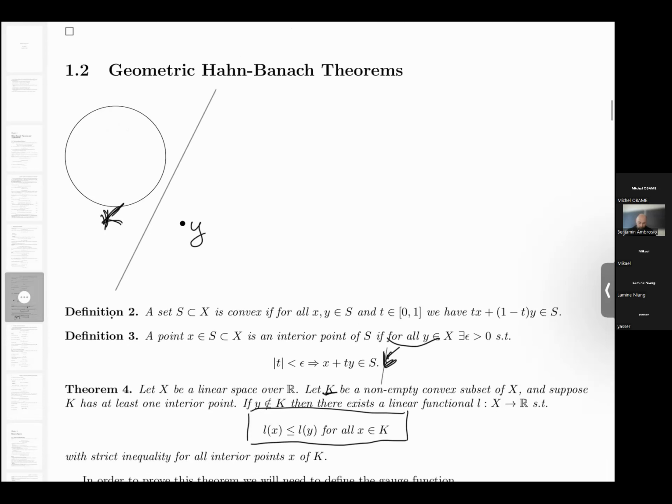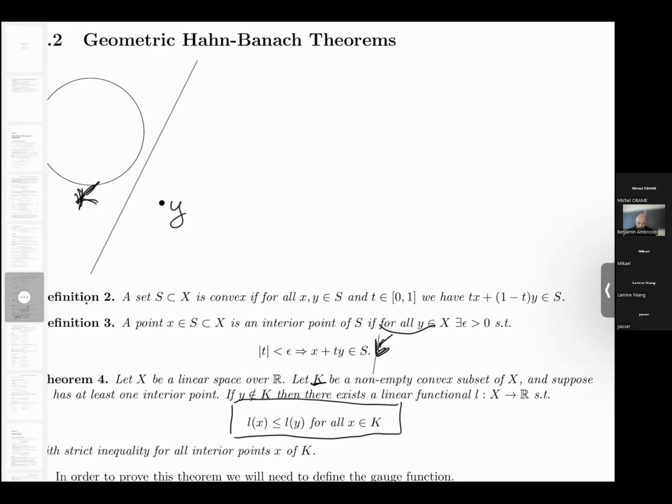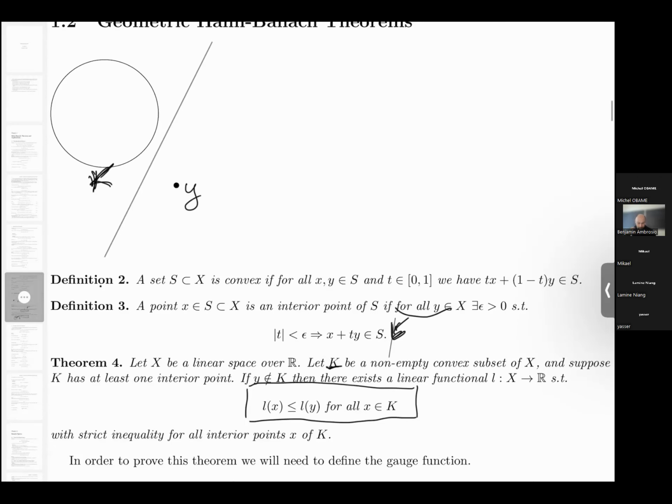And this is the first theorem, which exactly corresponds to the picture. So you consider a linear space X over R. K is a non-empty convex subset of X, and the assumption is that K has at least one interior point.